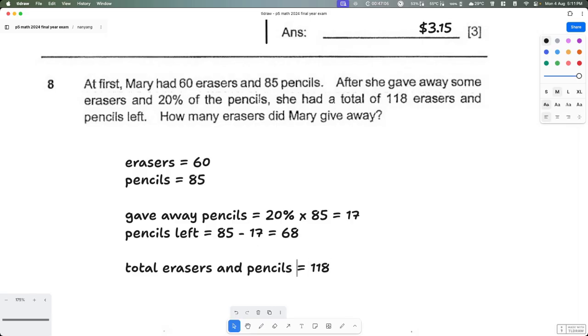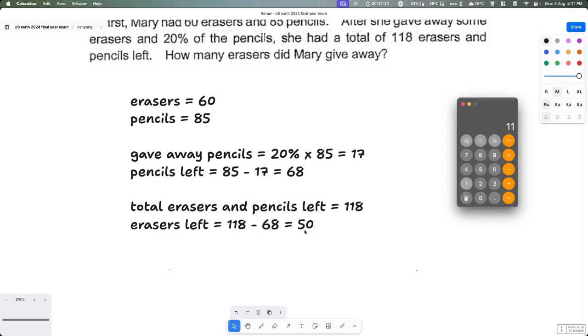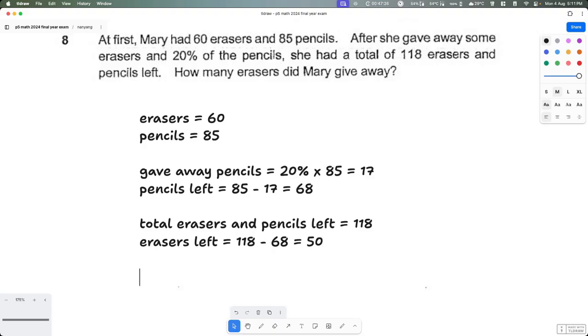From there we can see erasers left is equal to 118 minus 68. This will give us 50. Double confirm, 118 minus 68 is 50.